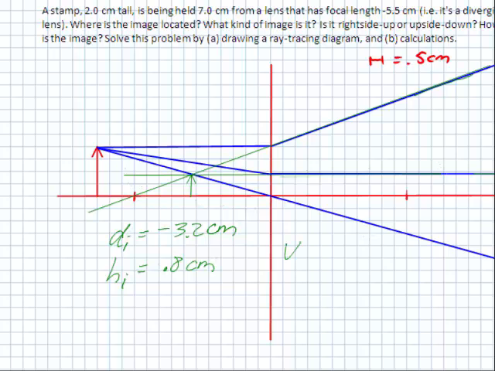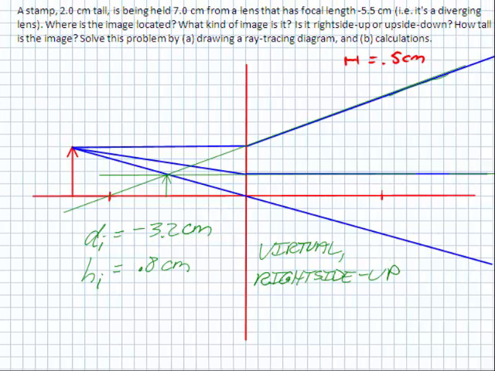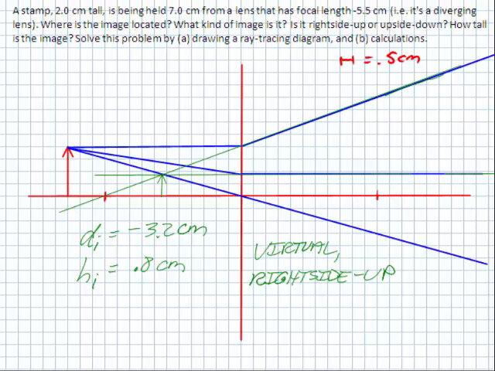It is a virtual image, and it is right side up. Okay, so that is that problem using a ray tracing diagram, part A.